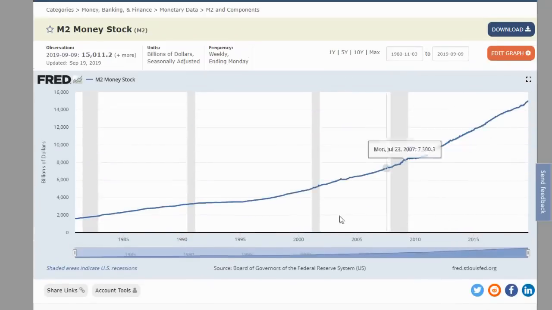And you can see here that since the 80s and early 90s there has been a steady and slow increase in that M2 money supply. But as we get into the year 2000, it started to increase rather substantially, and these gray areas indicate recessions here. And then we had what's known as the Great Recession, and we saw it increase steadily here.